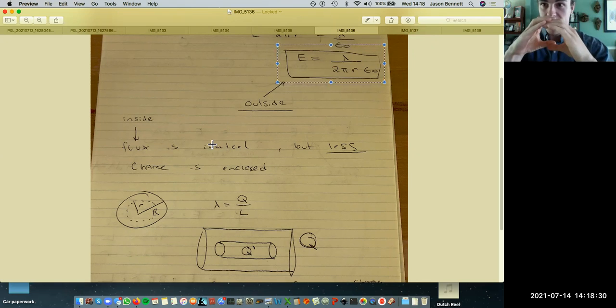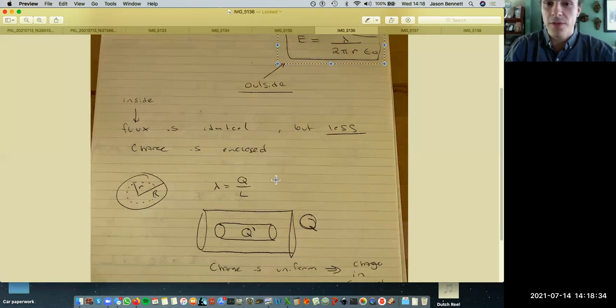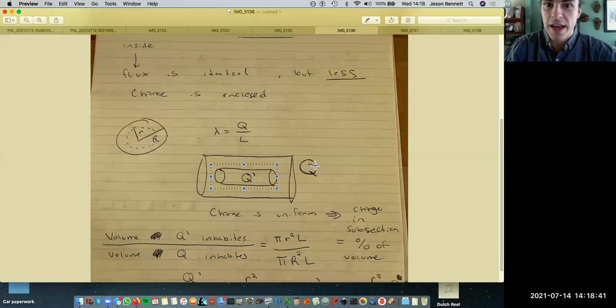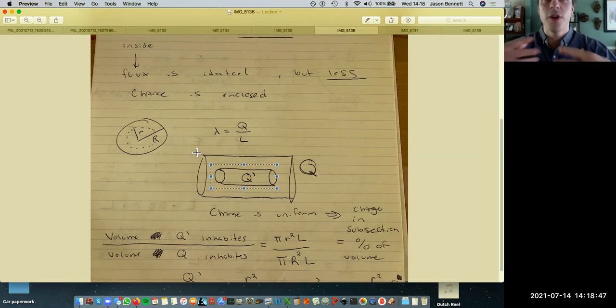It's a cylinder, like a volume. So if I want to find how much charge is in here and it's uniformly distributed, what I'm going to do is take how much volume each of those charges can inhabit.